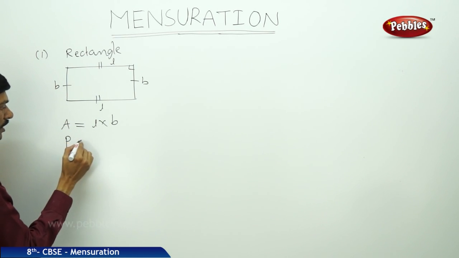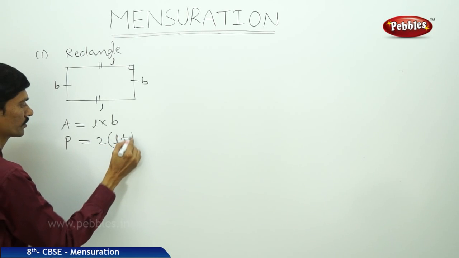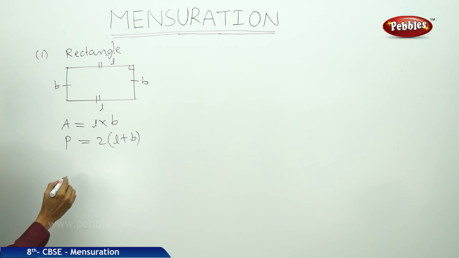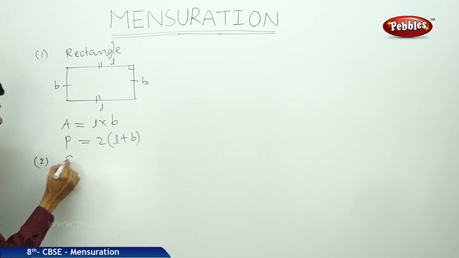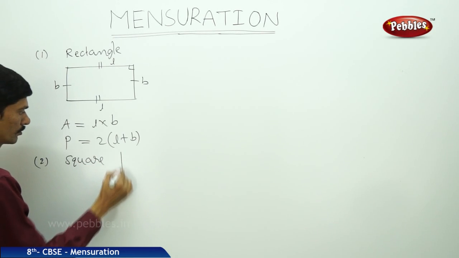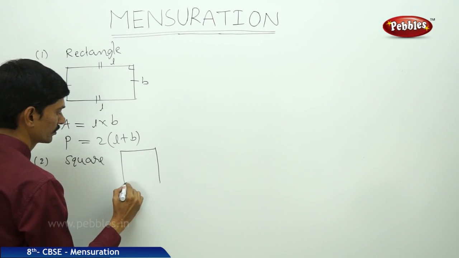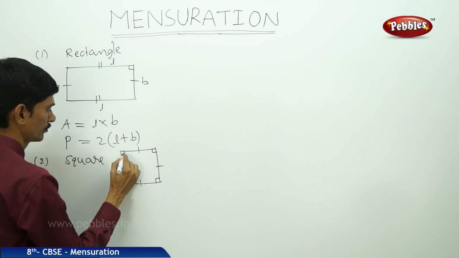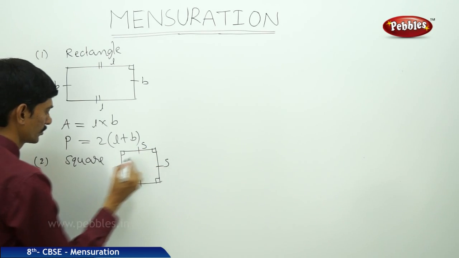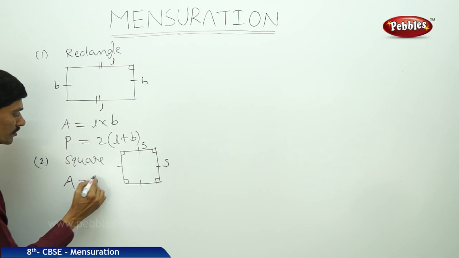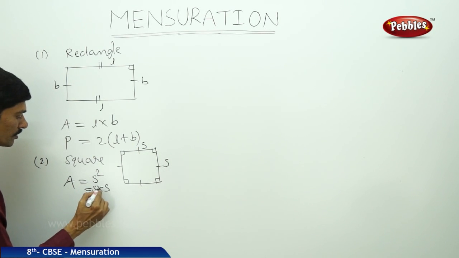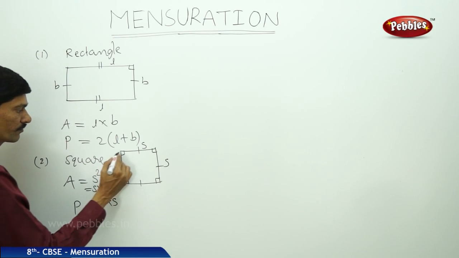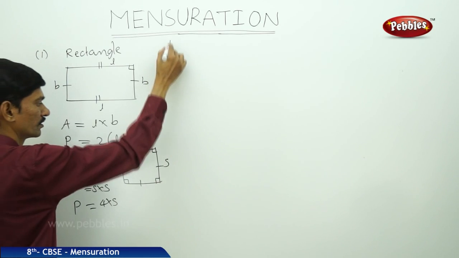Then perimeter of the rectangle is 2 of L plus B, because there are two lengths and two breadths. Then consider a square whose side is S. Area of the square A equals side square, or S into S, and perimeter of the square is 4 into S, because there are 4 sides.